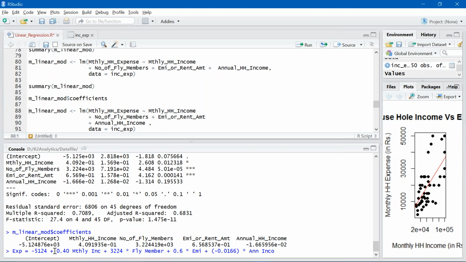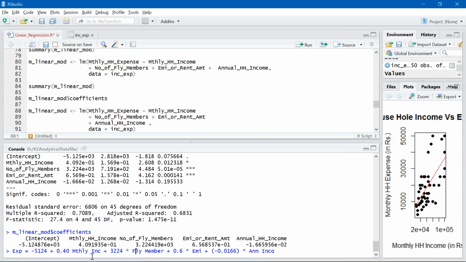Logically tell me, if monthly income increases, expense will increase. If monthly income increases, expense has to increase, which means the beta has to be a positive number. Agreed? If the number of family members increases, the expense has to increase, which means the beta of family members should also be positive.